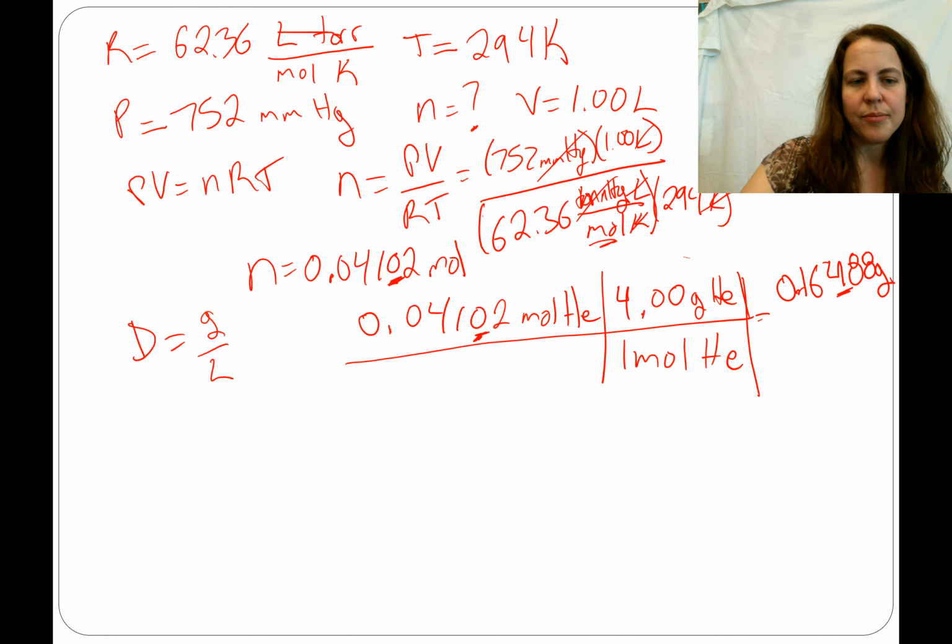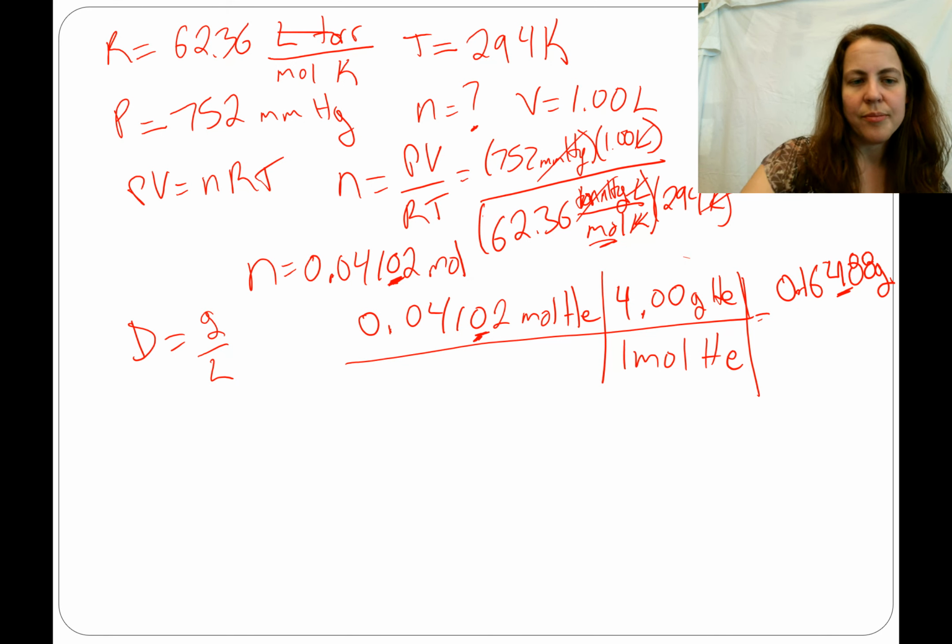I got that from the problem because it said the density of air is 1.188 grams per liter under these conditions. We're assuming 1 liter. And then the mass of helium we just found is 0.165 grams. I go ahead and find the difference, and that's 1.023 grams.